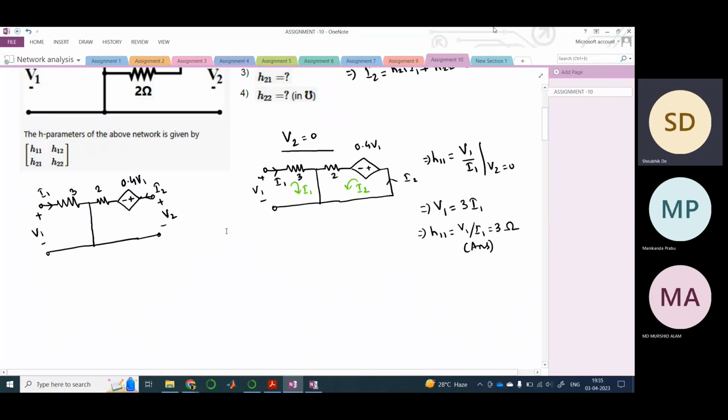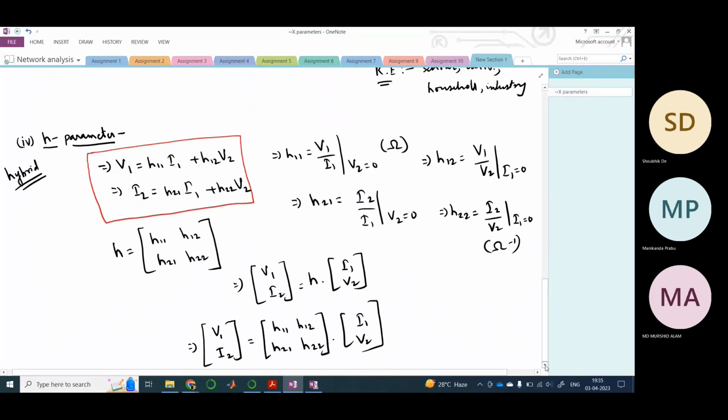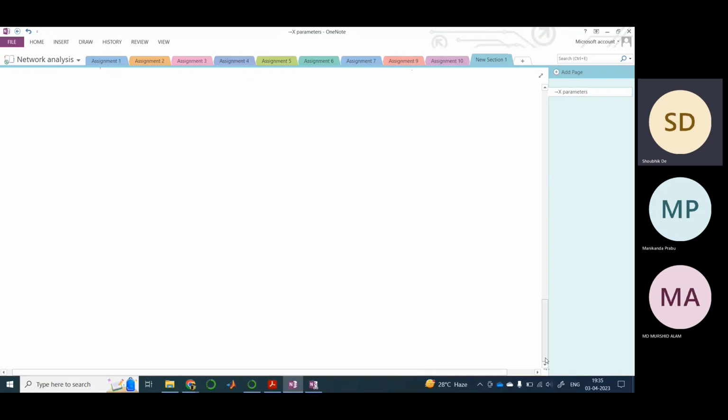So I'll just draw it here. This is the circuit.